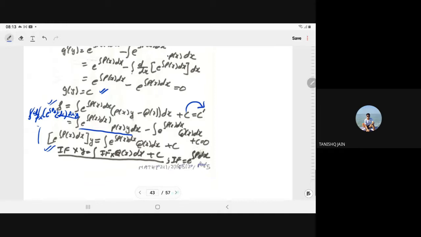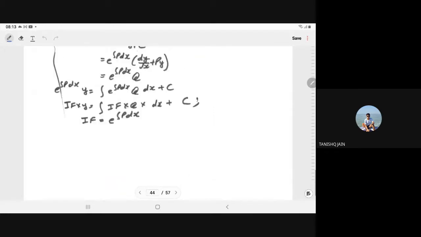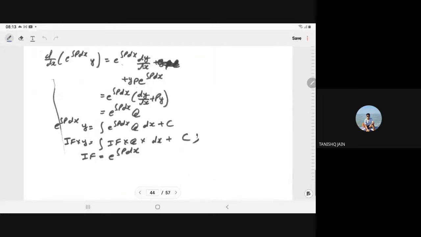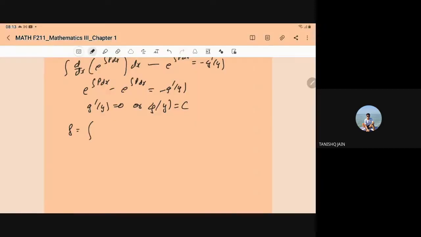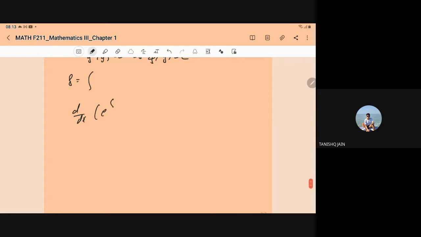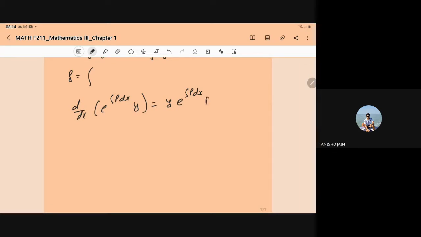Any doubt in this part to understand? Yes, anything? This we can understand by this formula also. If you write d/dx of e to power integral P dx into y, so what will come? So y as it is, and derivative of the first function e to power integral P dx, whose integral P dx derivative is the P, right?